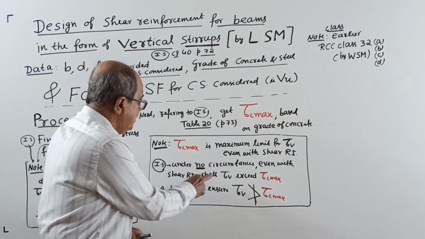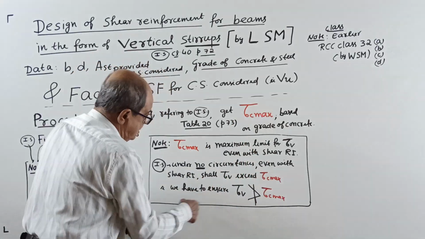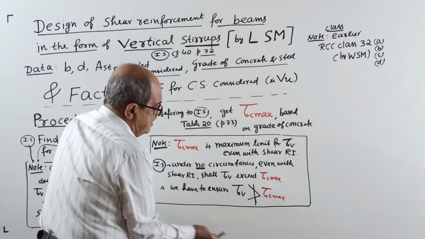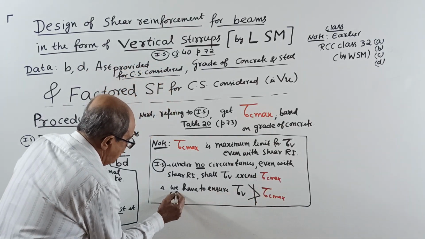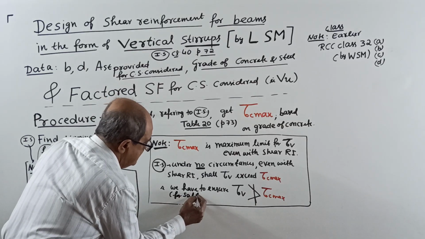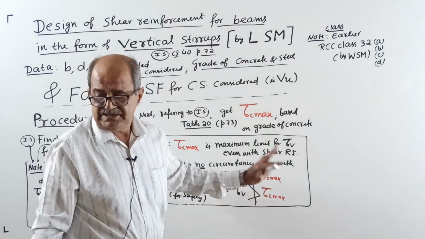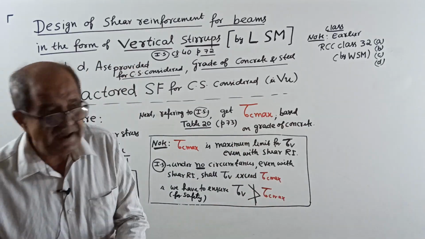Therefore, we have to ensure for safety that tau V should not exceed tau C maximum. Okay. Now, next step I will tell.